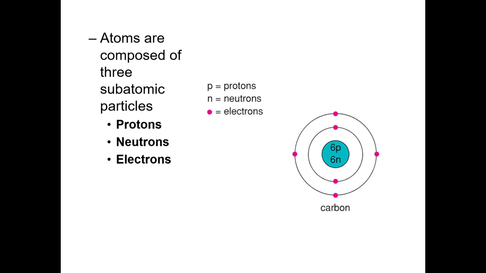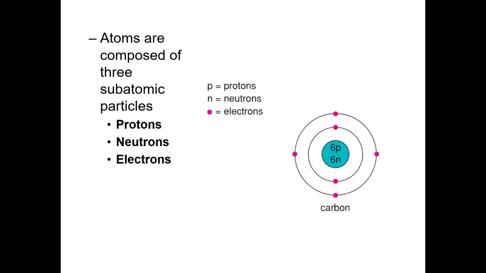And within the nucleus, we find the protons and the neutrons. And in a stable element, the neutrons and the protons are equal. And then we have electrons that are circling around the nucleus. And those are the little pink balls that we see on what we call orbits.